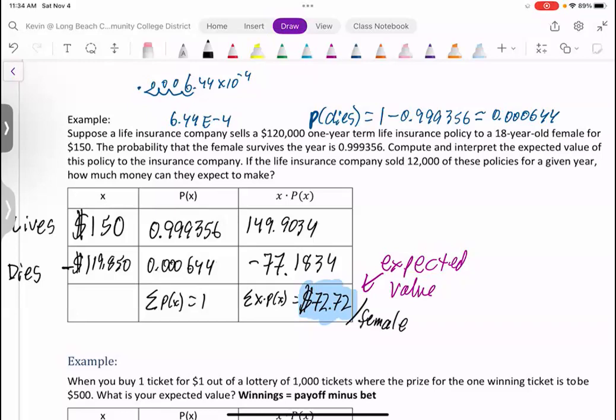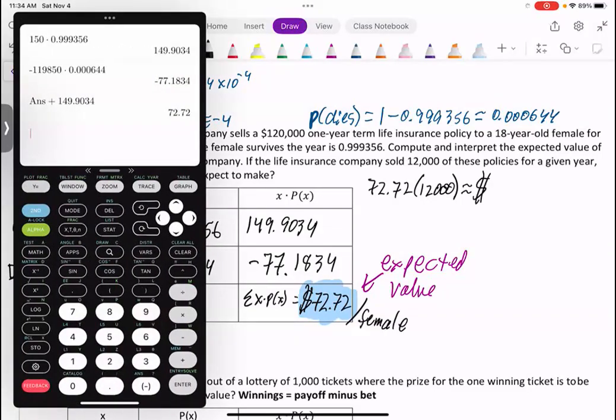Now, the last part of the question says, if the life insurance company sold 12,000 of these policies for a given year, how much money can they expect to make? Well, I'm going to take 72.72, multiply that times 12,000. So that's going to be about $872,640 in a given year.